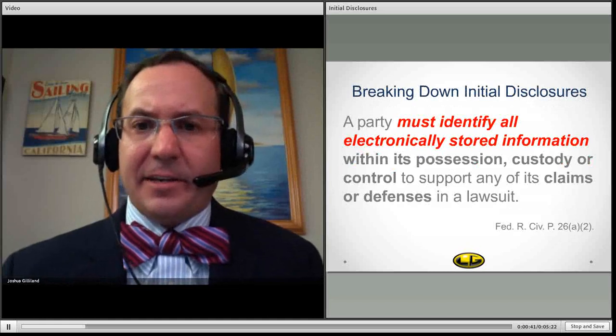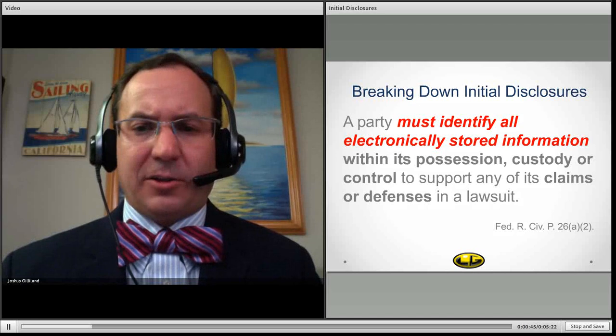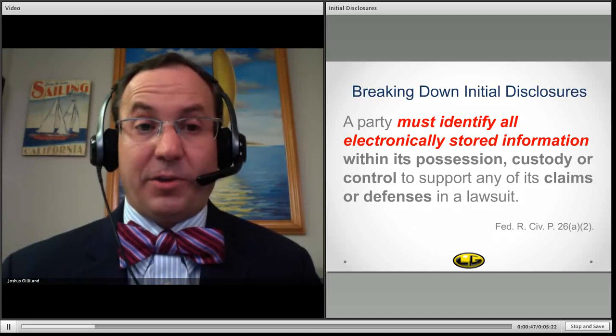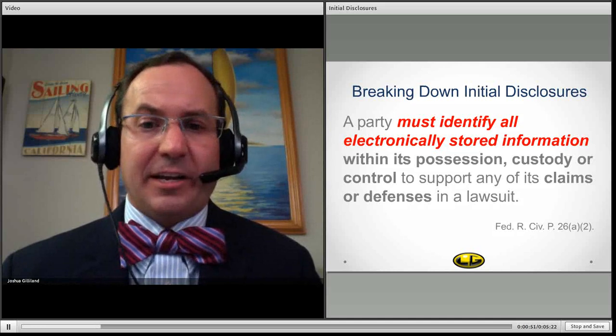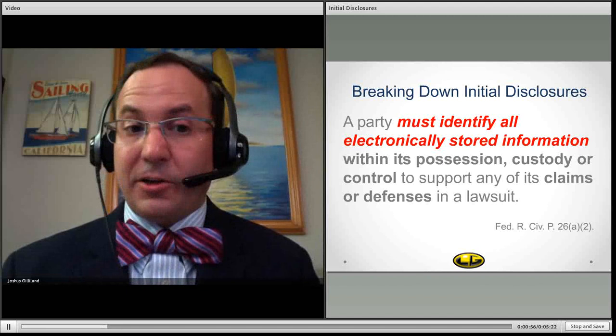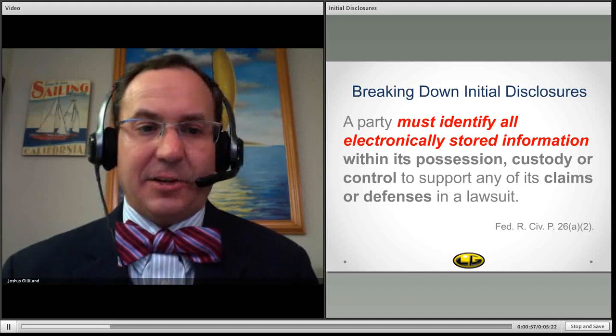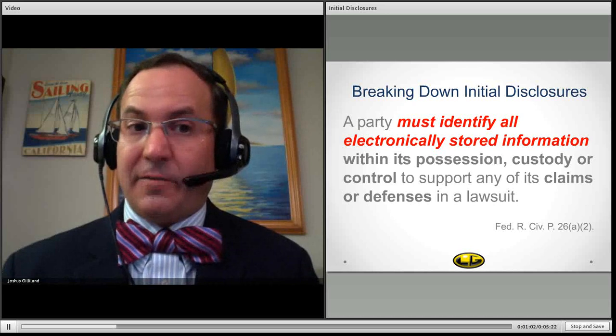And that is a party must identify all of its electronically stored information within its possession, custody, or control to support any of its claims or defenses. That could be a huge burden when you have 2 terabytes of data to go through, especially when you consider the timing of initial disclosures.